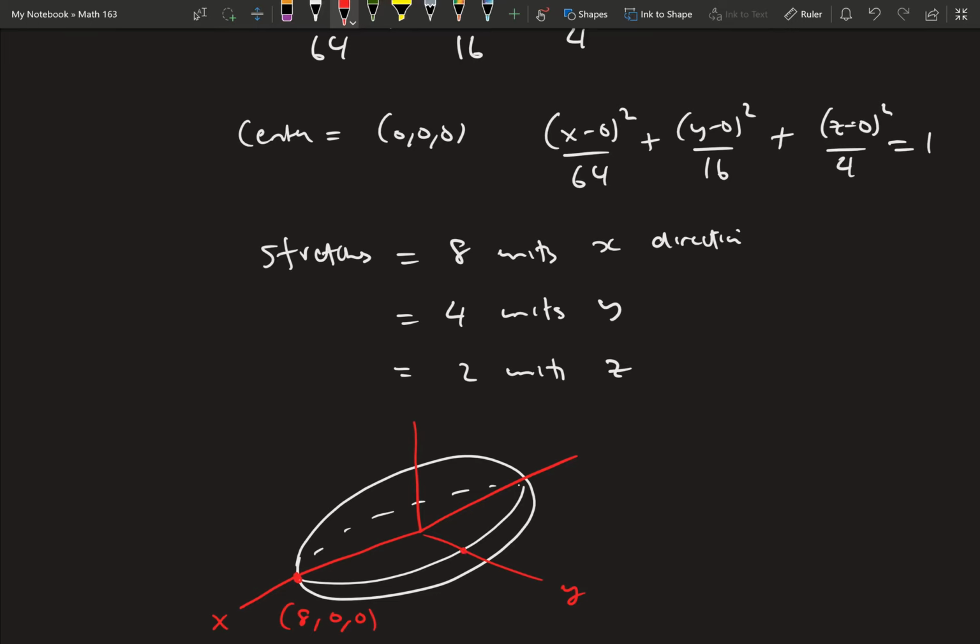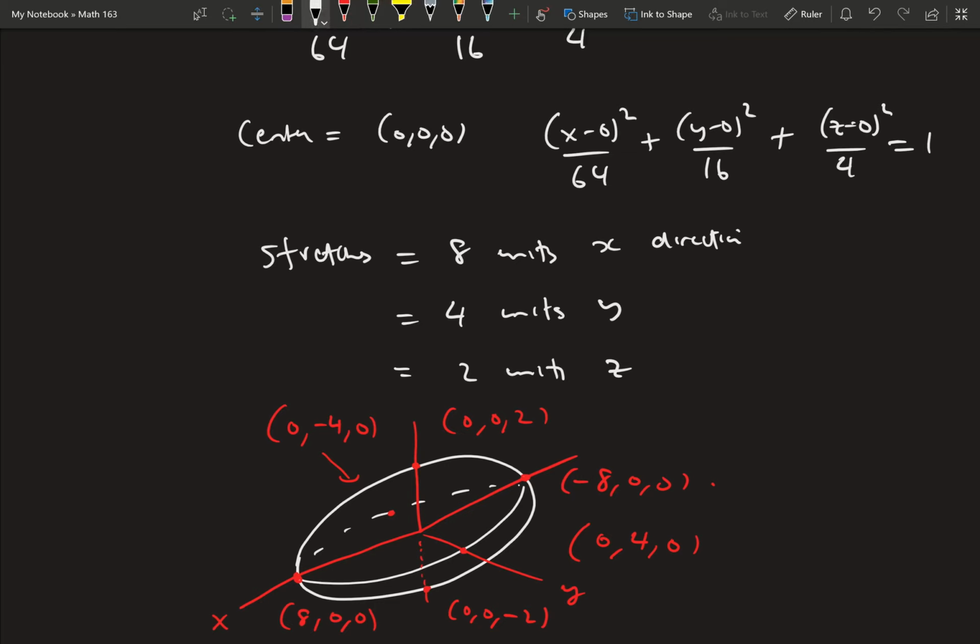And this point right here would be the point (0, 4, 0). This point on the other side would be the point (0, -4, 0). This point would be the point (0, 0, 2). And somewhere down below here, we would have the point (0, 0, -2). So on and so forth. This point would be (-8, 0, 0). Okay? So this is what's called an ellipsoid.